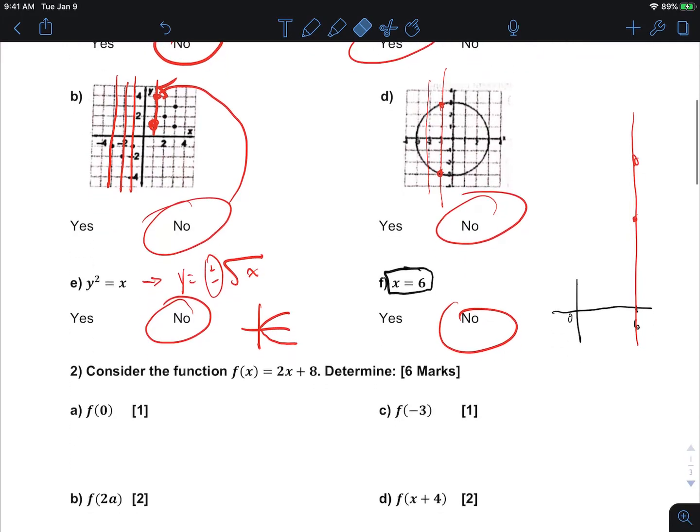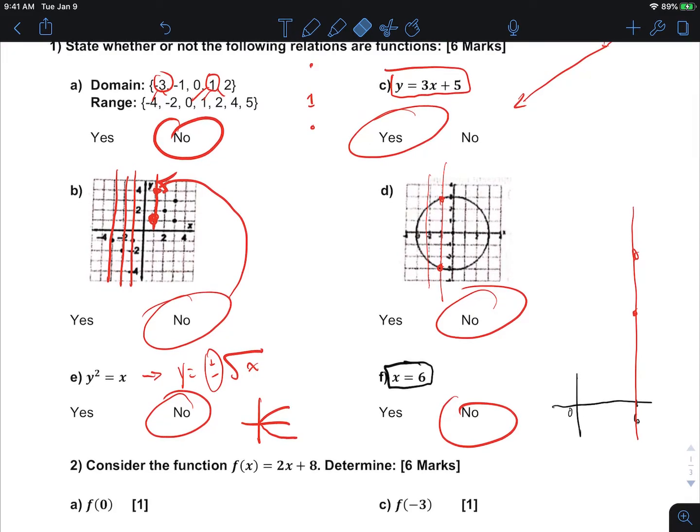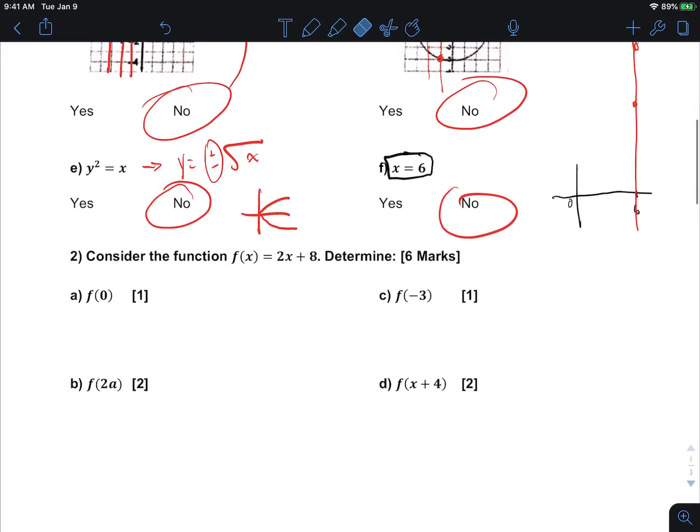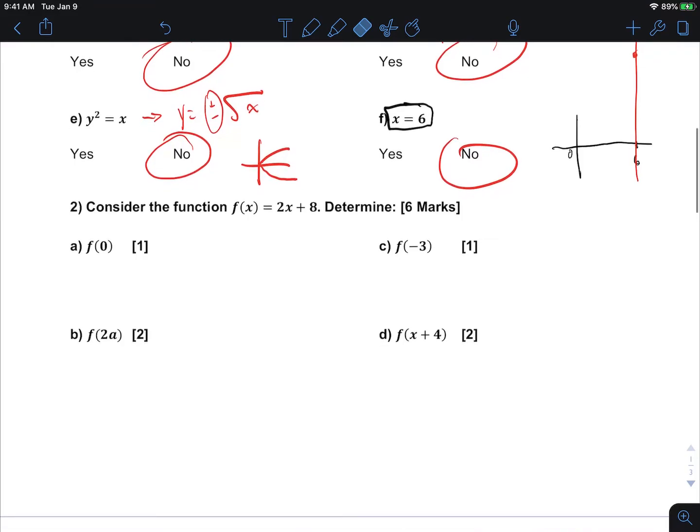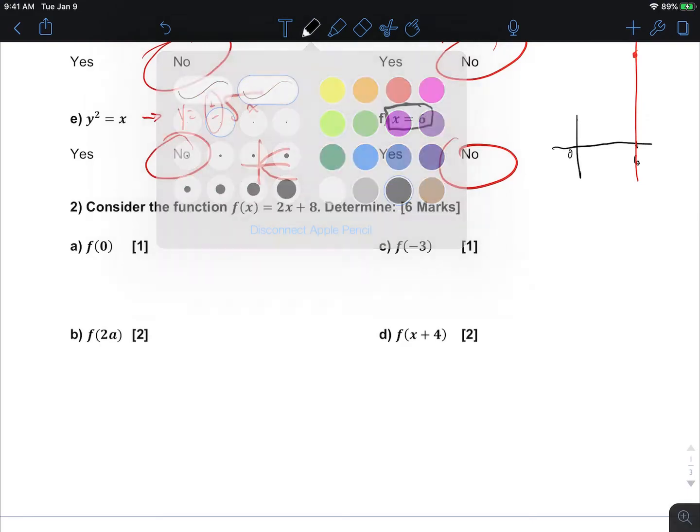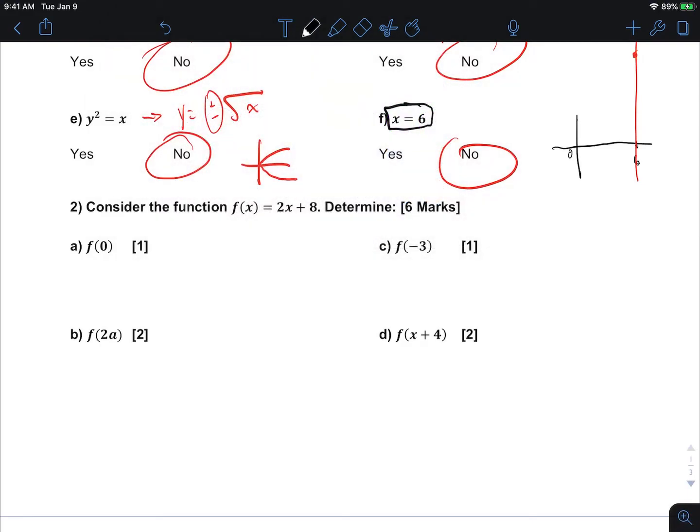Right, so that was your knowledge on functions, right? What's a function versus a relation, or identifying what a function might be with the vertical line test. This piece here was just meant to test your function notation, right? So I have this function f, and I'm going to input 0 for x, right?